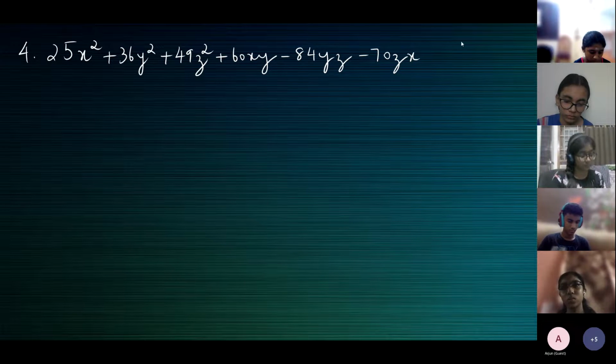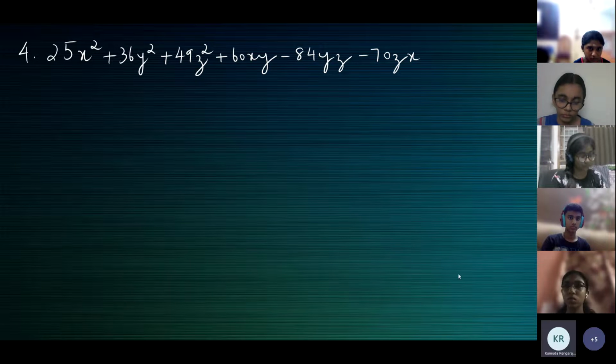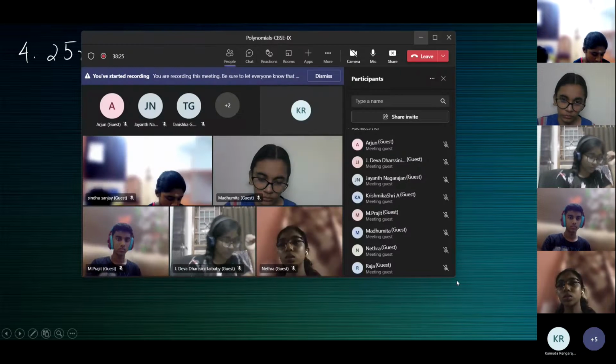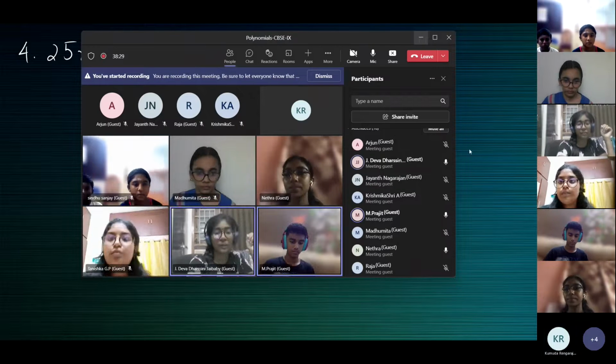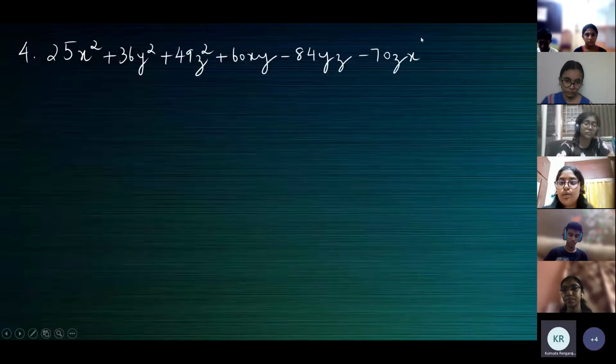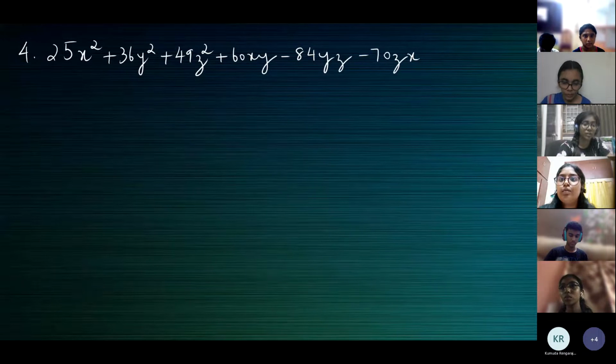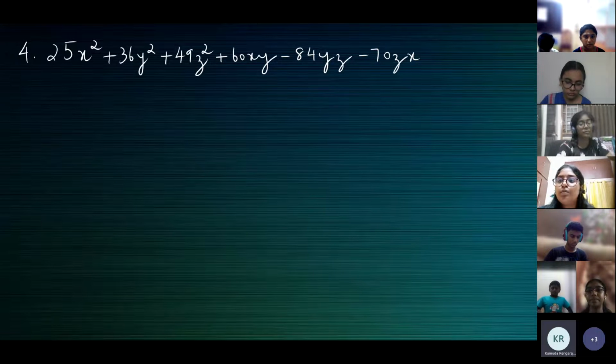How many terms are there in this expression? 6 terms. And of the 6 terms, how many perfect squares? 3 perfect squares.